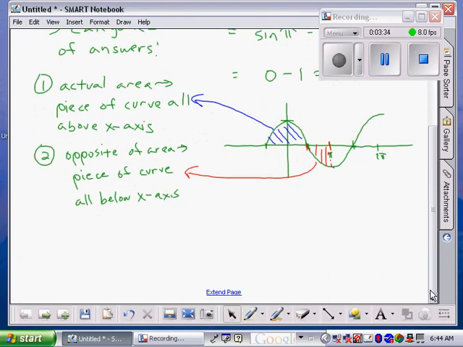So if we've done all above, all below, what do you think that third category is going to be? Not always necessarily 0, but we're going to have pieces above and below. So these, we just say it's not the area. Pieces of curve.